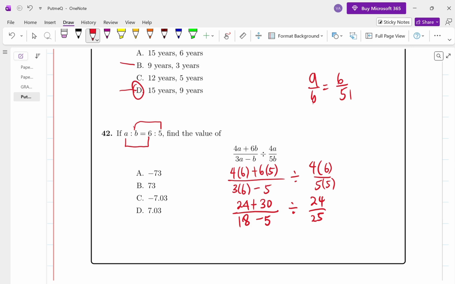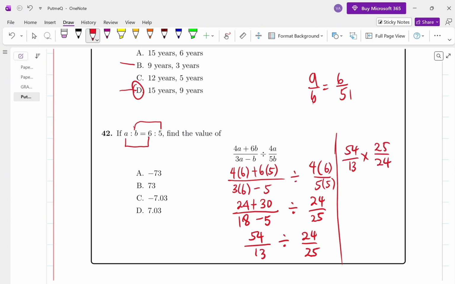24 plus 30 is 54, divided by 13, then divided by 24 over 25. Now we could change the division to times. So this is 54 over 13 times 25 over 24.